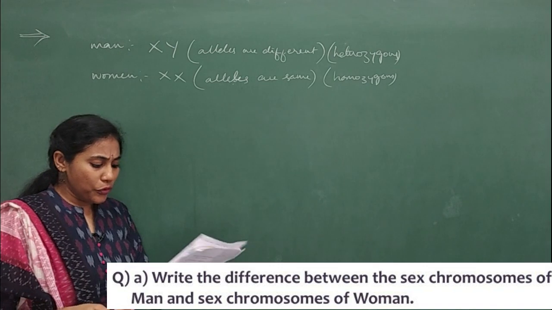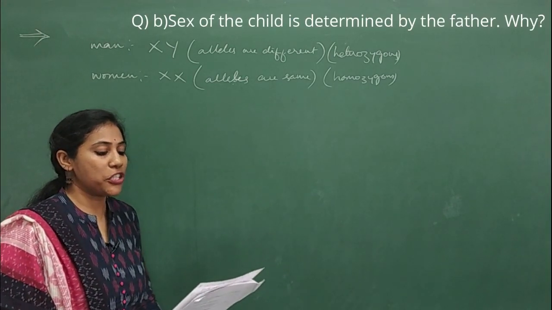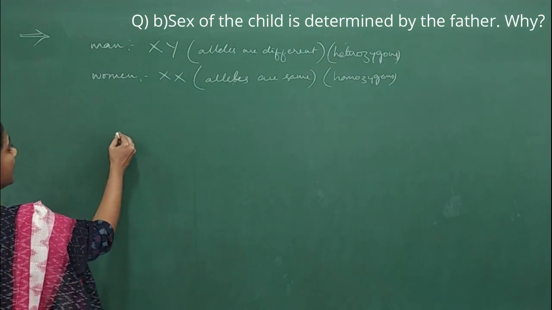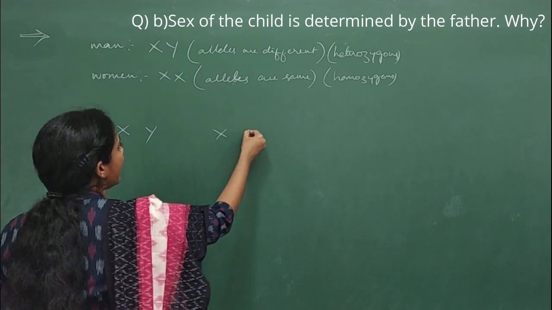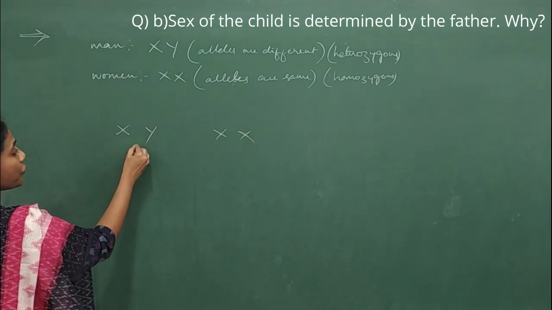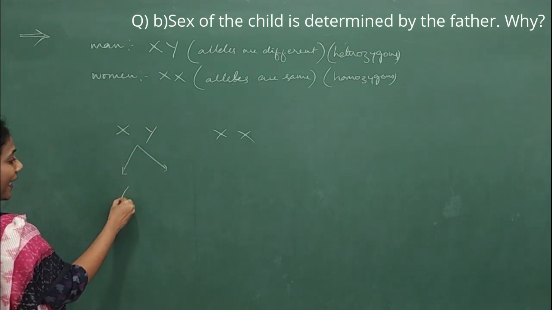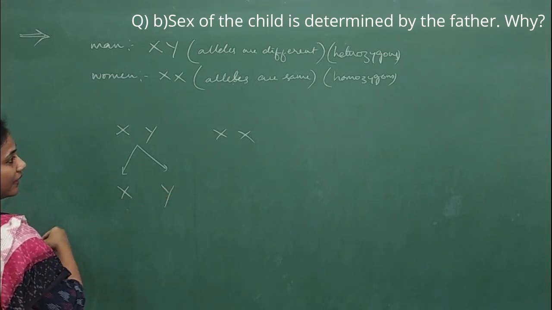Fine. And now coming to the second sub-question, that is, sex of a child is determined by the father. Why? Say father has chromosomes XY, mother has X and X. Isn't it? So during the gamete formation, the gamete may have X allele or it may have Y allele.